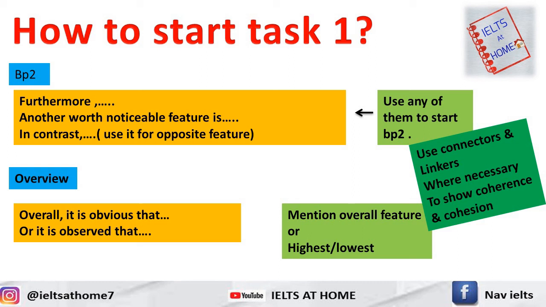And in the overview, always use overall. Don't write in conclusion, to conclude, or any other thing. It's task 1, and here you just need to use overall. In the overview, you just need to give the overall feature. So you can use the line it is obvious that, or it is observed that. It depends upon you. You need to mention your overall feature in the overview, and the highest or lowest.